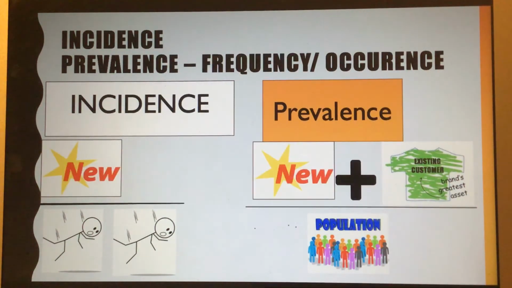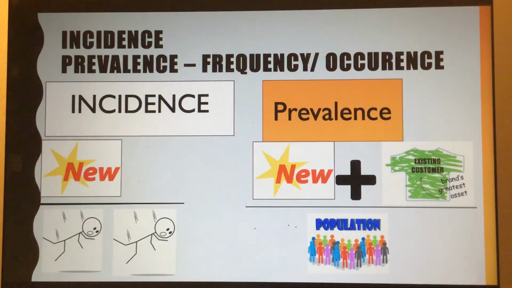For incidence, we are looking into new cases at that particular point. This means we do not include the existing cases. The denominator of the incidence rate would be the population at risk. Population at risk can be defined in a number of ways: either based on gender, based on age, or based on the total population in that area.